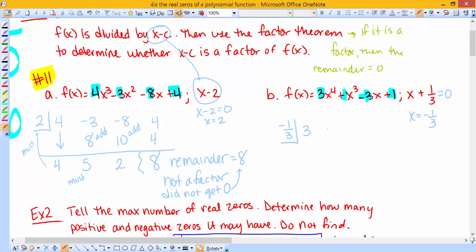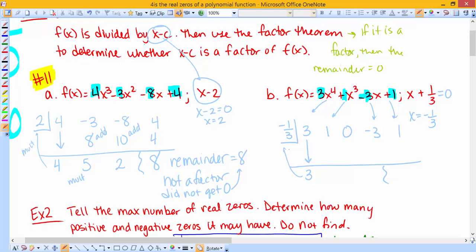So I have 3, 1, 0, -3, and 1. If you forget a placeholder, you will end up getting this wrong. Please be careful. You must have your placeholders. So this is the 4, this is the 3, 1, and then no x squared. The 2 is missing. So I start by bringing down my first value, which is 3.